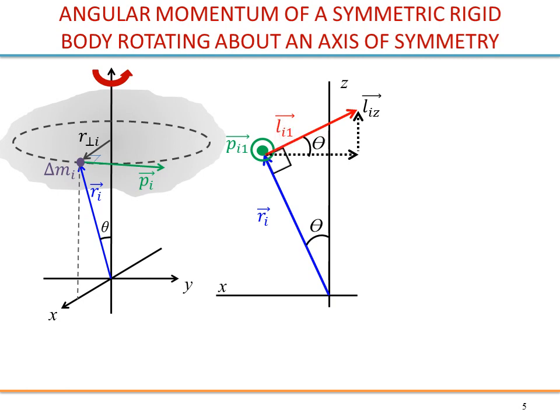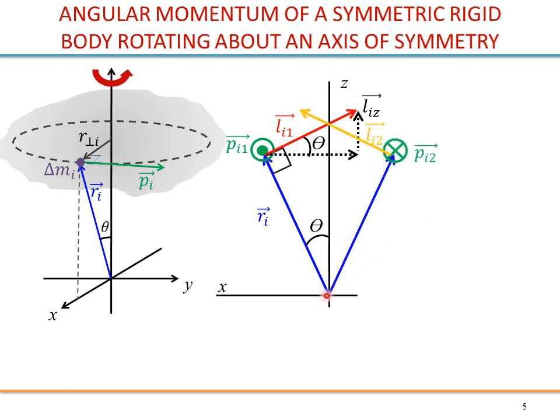Because the solid is symmetric about the axis of rotation, each point has a symmetric point with respect to that axis. So in this drawing, that point has a symmetric point at the same distance from the axis on the other side.